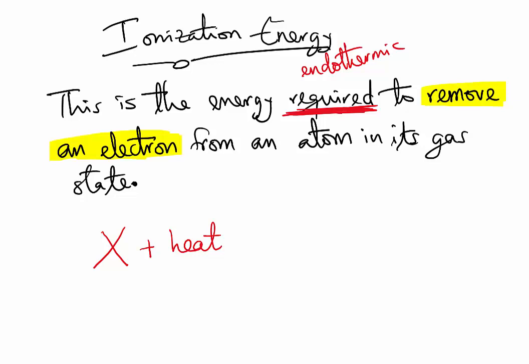When we add energy to element X, it knocks off one electron from element X so that element X becomes a cation and one electron is knocked off. The amount of energy needed to knock off that one electron is the ionization energy.